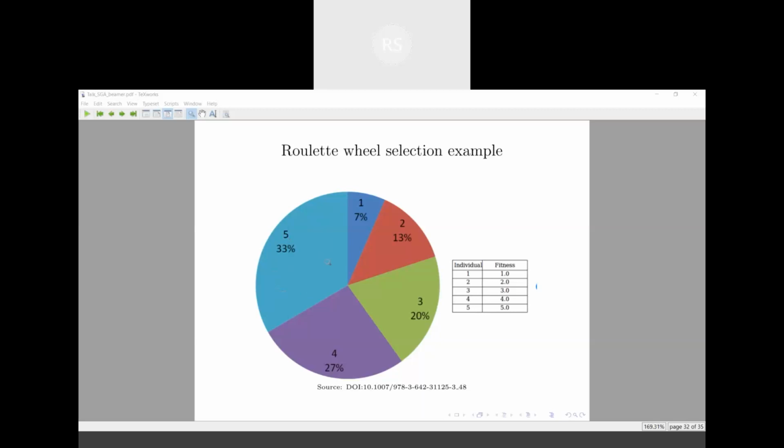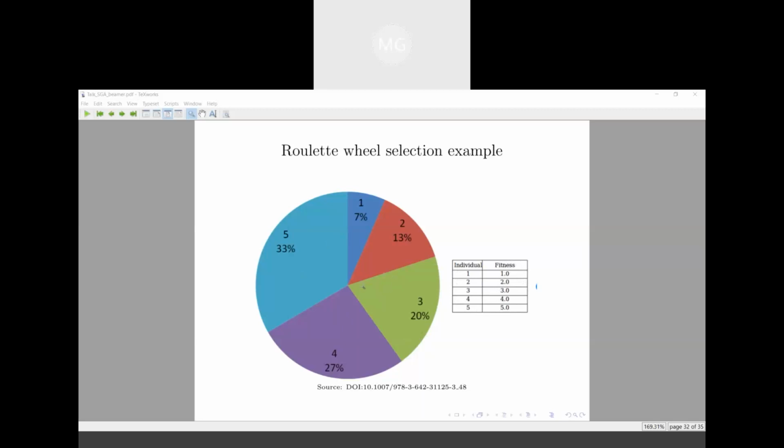So on this roulette wheel, there are 5 individuals, and the space given to them is proportionate to their fitnesses. Is this concept clear? Yes, sir. The space allocated here to various individuals is proportional to their individual fitnesses. Is it clear? Yes, sir.